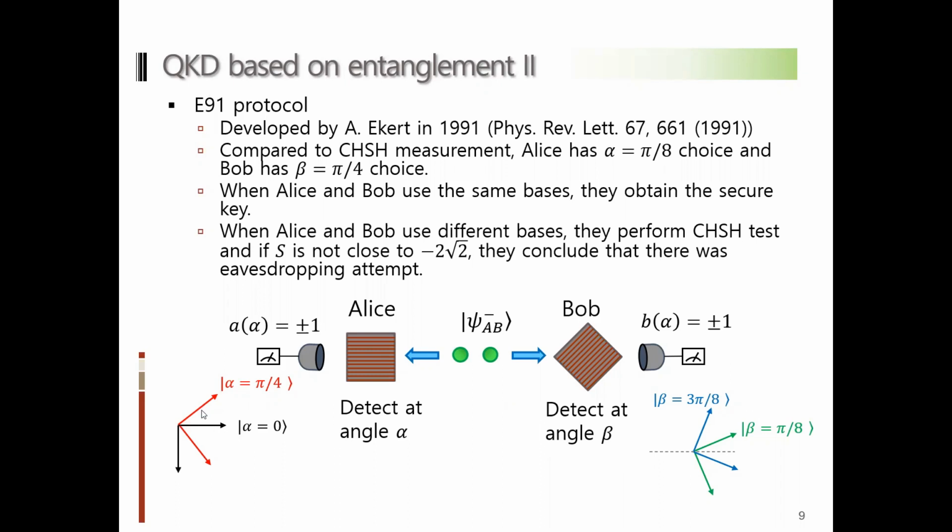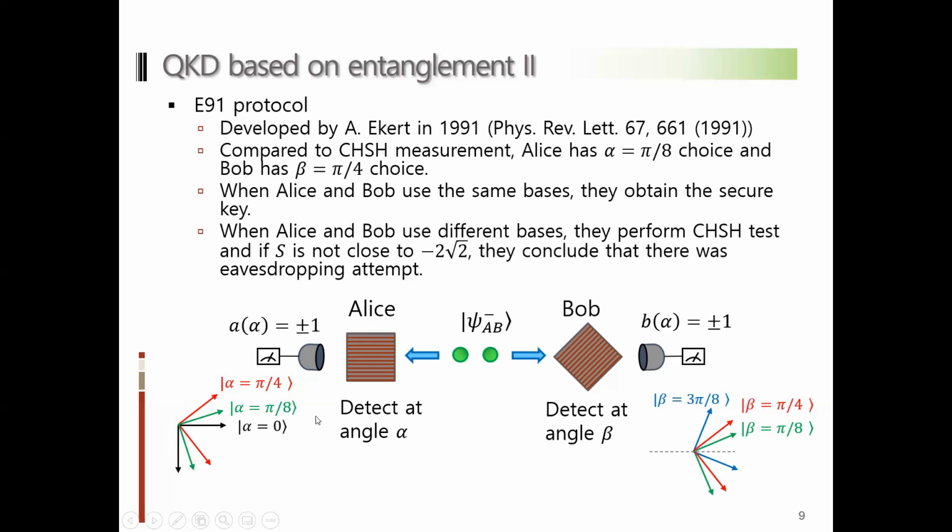And such a reliable secret key can only be generated when Alice and Bob use the same basis. So the E91 protocol still uses the concept of the CHSH, but it actually added one additional basis on the Alice side, and an additional basis on the Bob side.